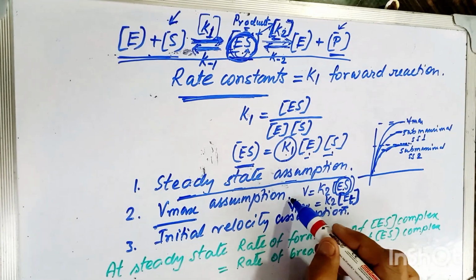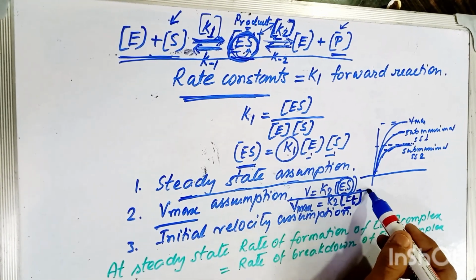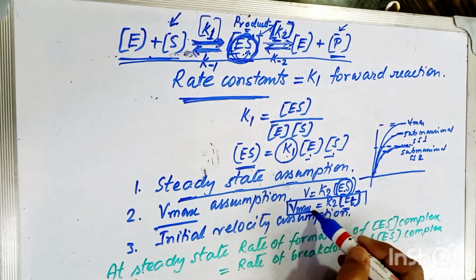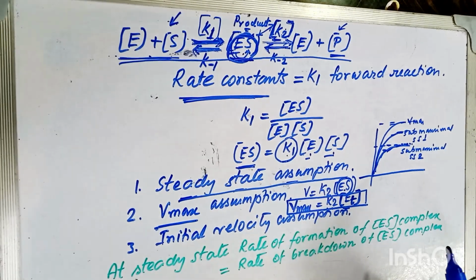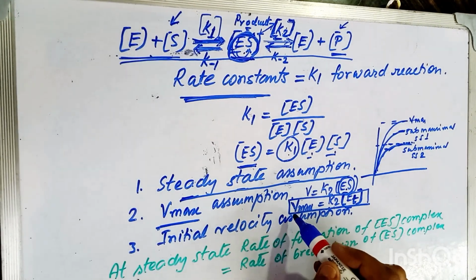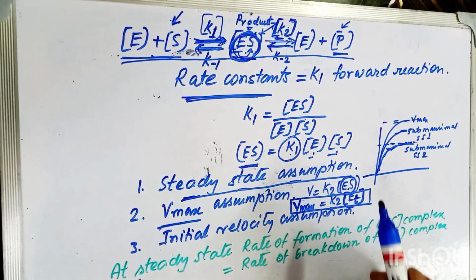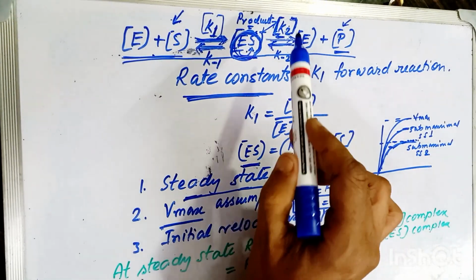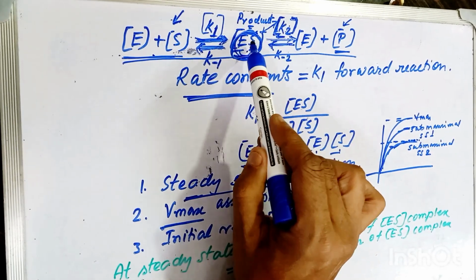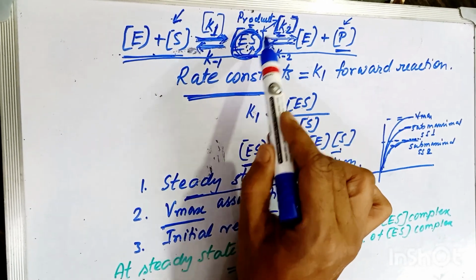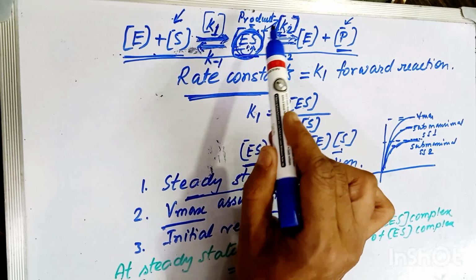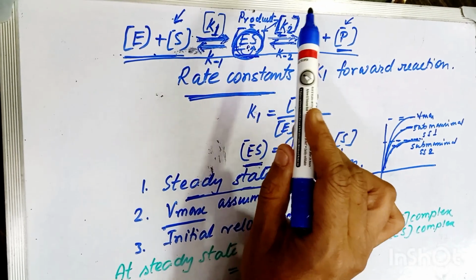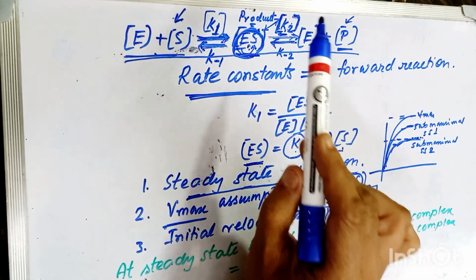So what is the Vmax assumption? The Vmax assumption is that Vmax is equal to K2 into ET. Any velocity of an enzymatic reaction will always be equal to K2 into the amount of ES, whether it is the final velocity Vmax or the initial velocity.